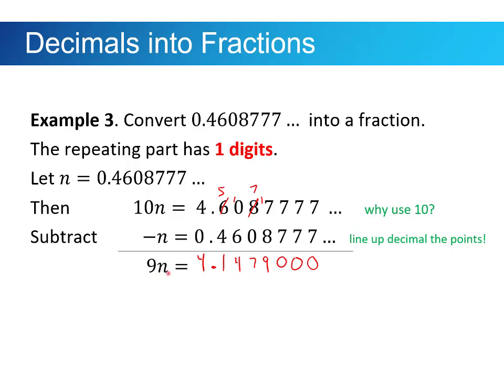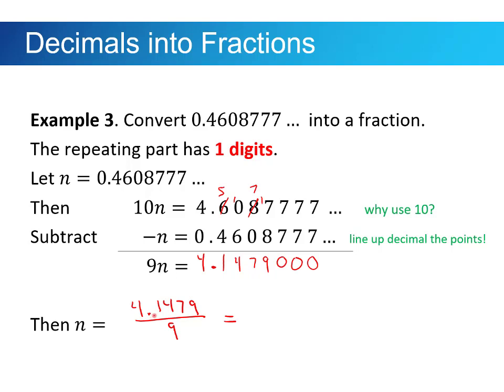So I have 9n equals 4.1479. So n, I'll divide both sides by 9. So I get 4.1479 divided by 9. And then let's clean it up a little bit because we don't usually see decimals in the numerator or denominator. So how much do I need to multiply by?